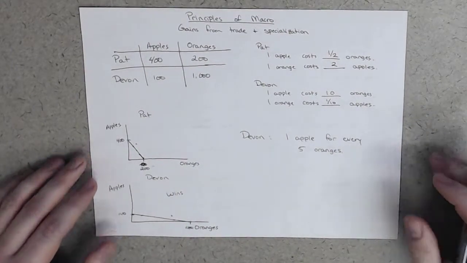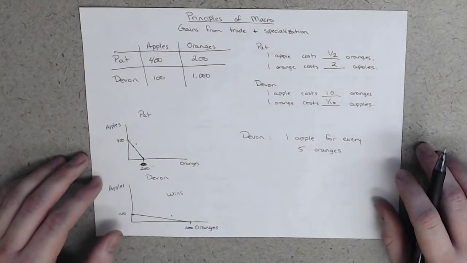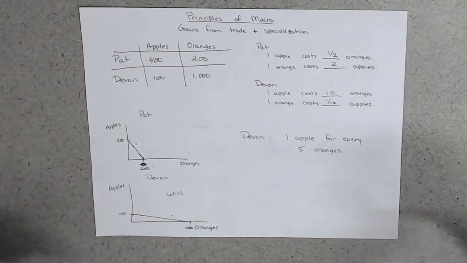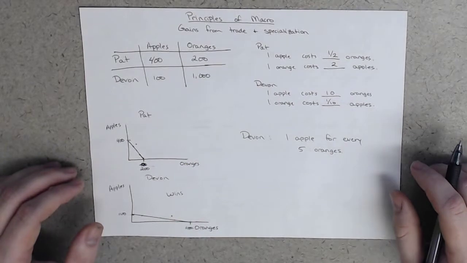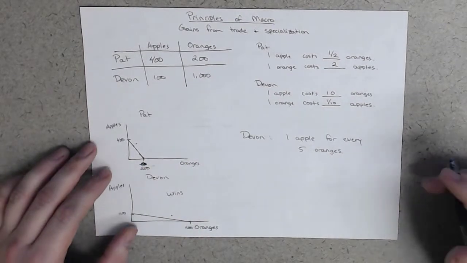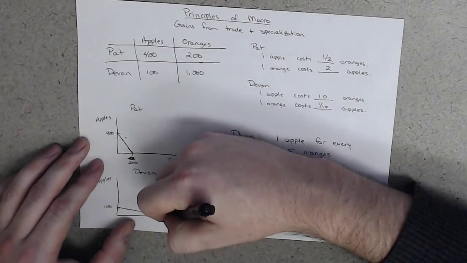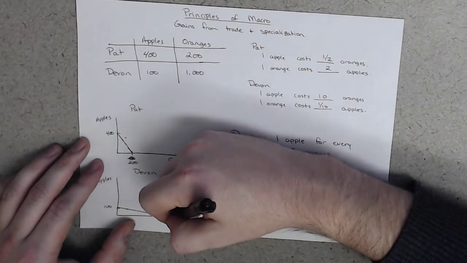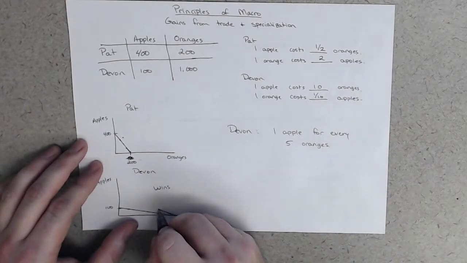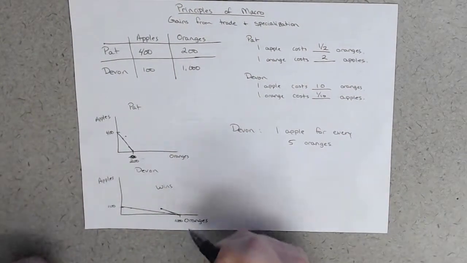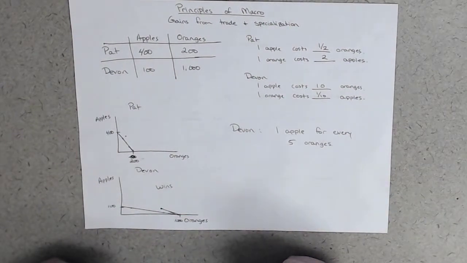And so for every apple that Devin consumes, he would actually be plus 5 oranges relative to where he would have been. So we can move Devin along a curve like this, and that will actually enable him to get beyond his PPF curve.